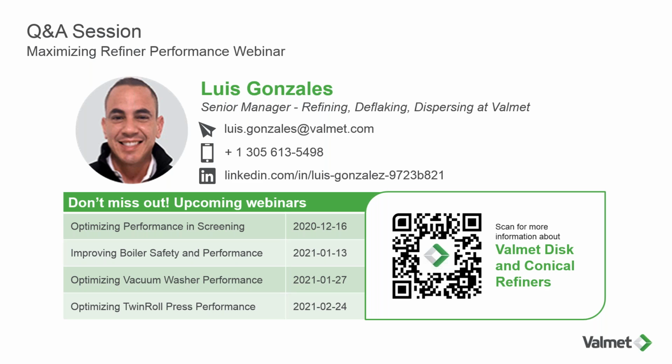We're in the process. Actually, 3 weeks ago, we did trials with the 3 units on bleached eucalyptus, and last week we did bleached softwood. So we are in the process of trialing these at different refining conditions. We have not gotten the results yet, but it is something that we are evaluating. So technically, the answer is, I don't know, honestly.